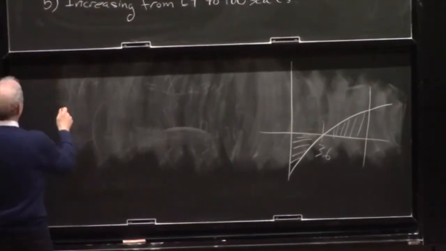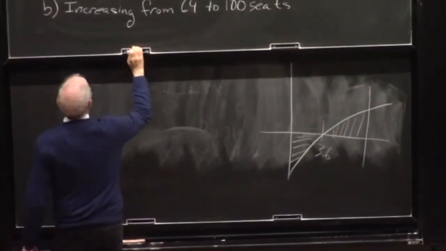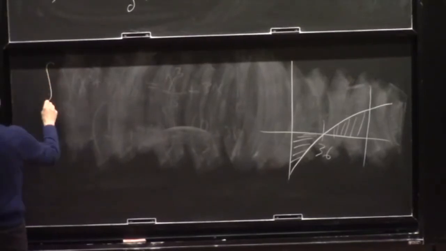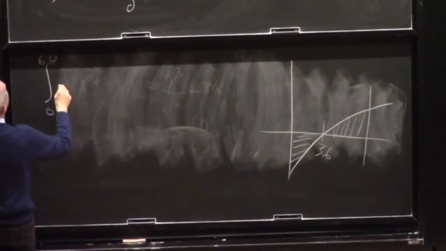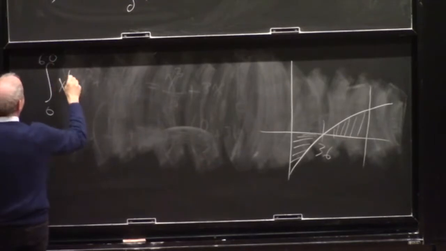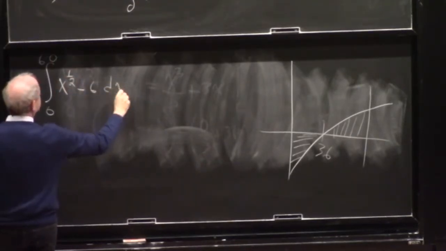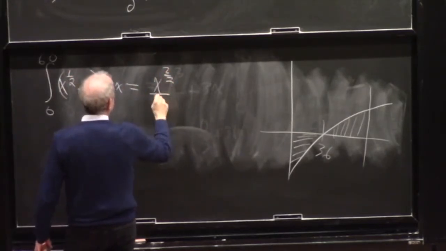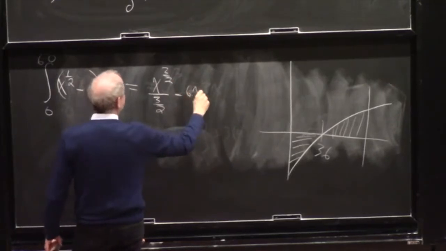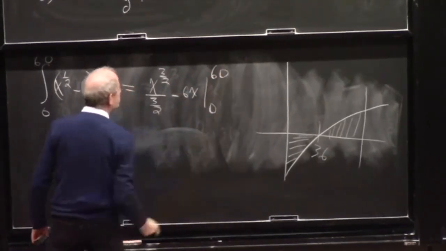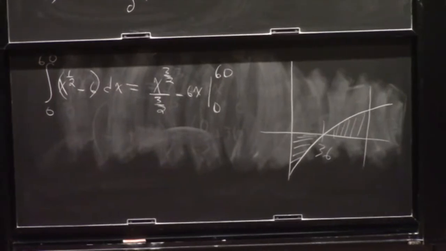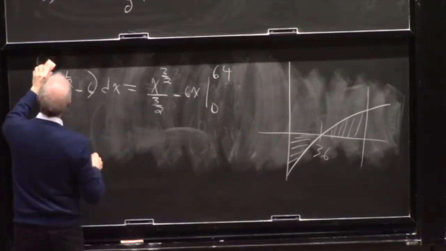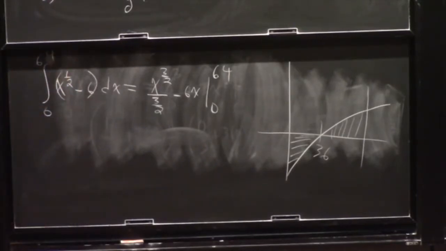Okay, so part A. My profit is missing a T, it says profit. Okay, so I'm going to find the integral from 0 to 64 of square root of x, which is x to the half, minus 6 dx. That is x to the 3 halves over 3 halves, minus 6x, from 0 to 64.